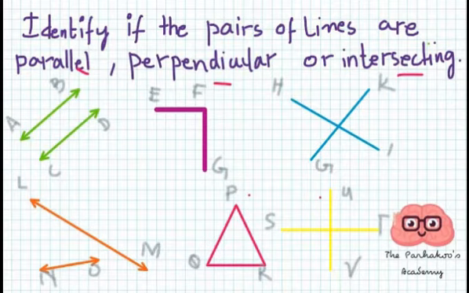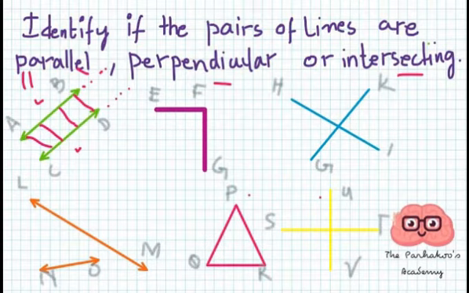So if you see the first pair, here we have line AB and line CD. These two lines do not meet, and the distance between these two lines at every point is the same, so they are not going to meet. These two lines are parallel. So in geometry we have a sign which shows parallelism.